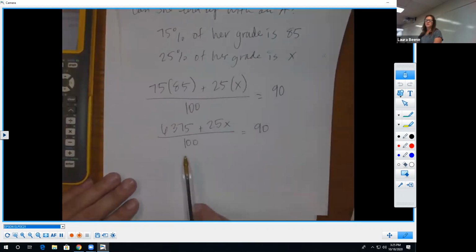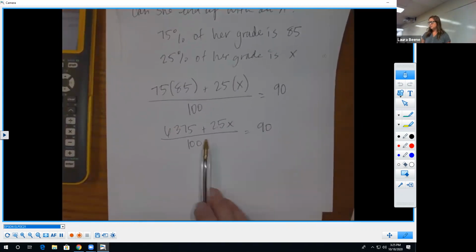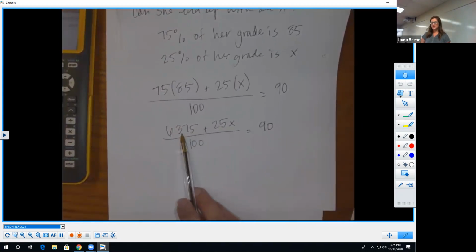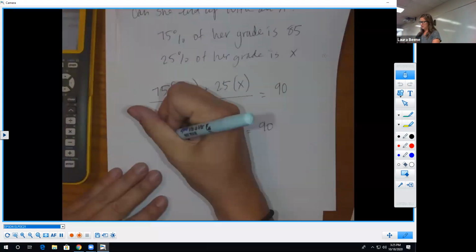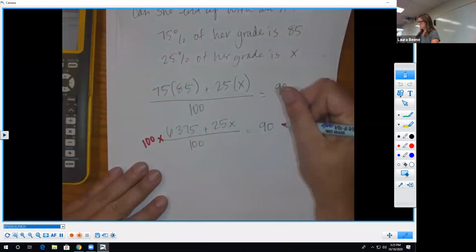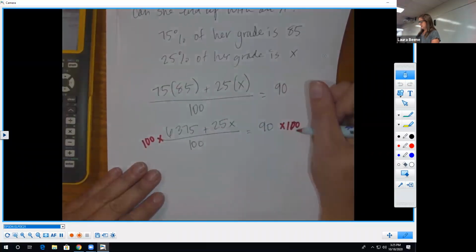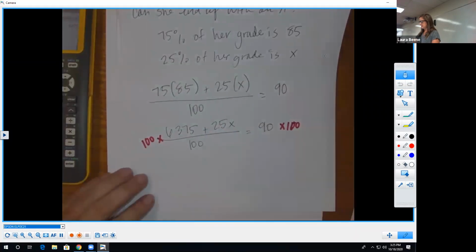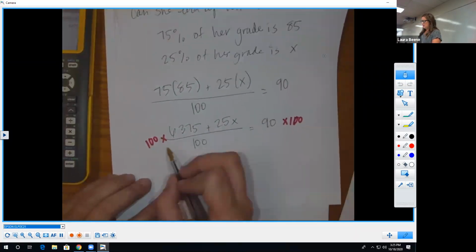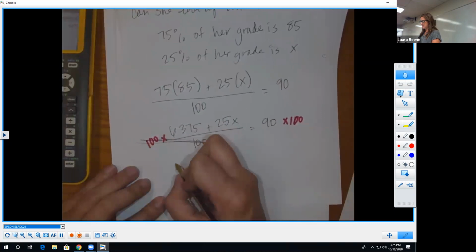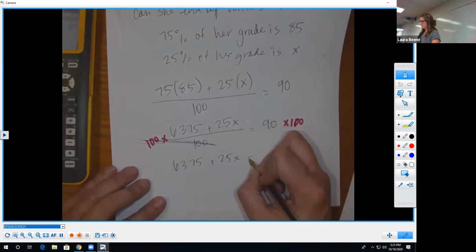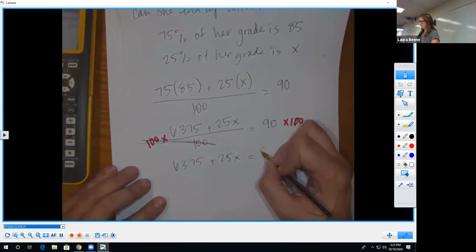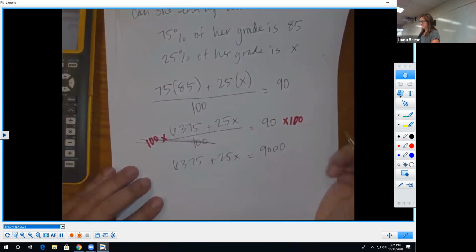The way that we solve this is we want to get the 100 off the bottom so that we can subtract the 6,375, and then divide by 25. To get the 100 off the bottom, we have to multiply both sides by it. So we're going to multiply both sides by 100. And when you do that, these hundreds cancel out, and I get 6,375 plus 25X equals 90 times 100, which is 9,000.